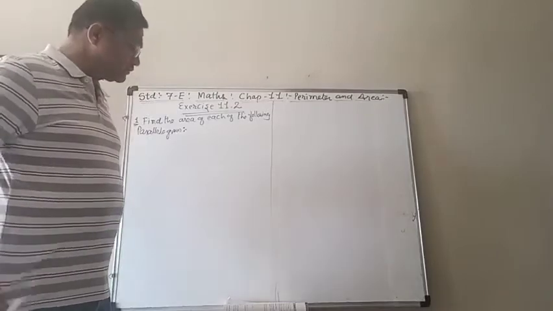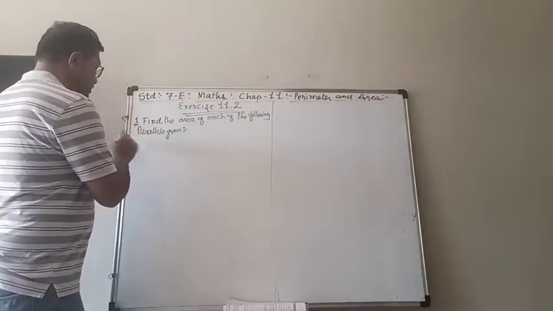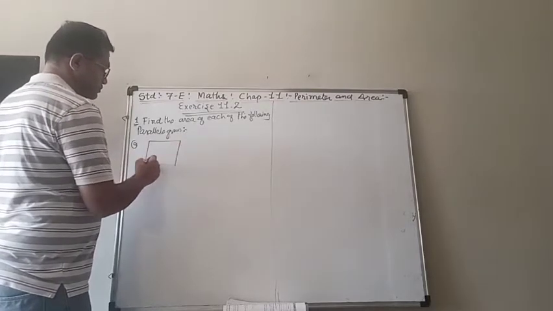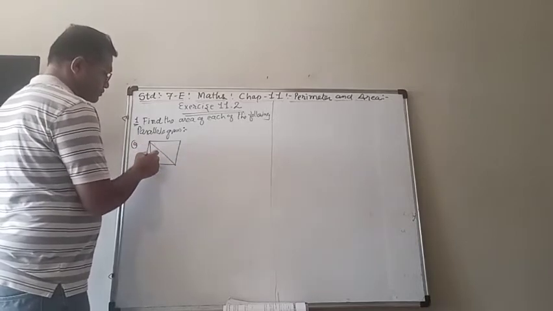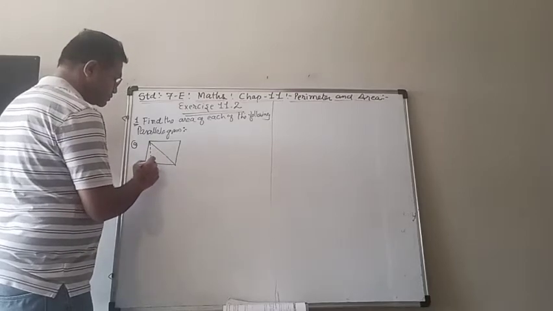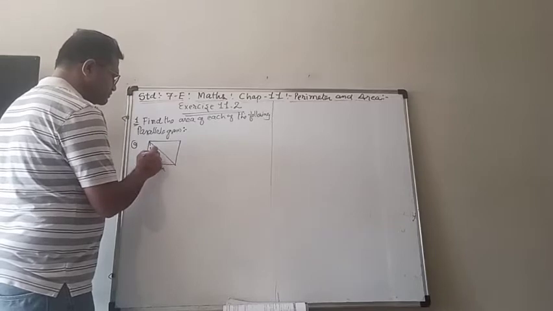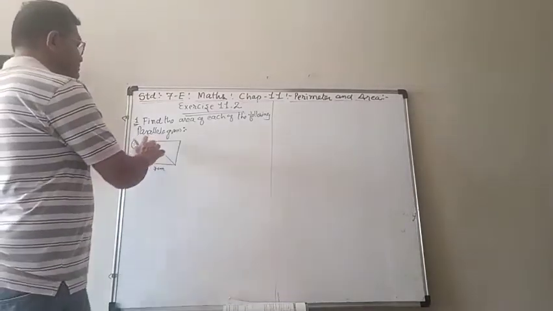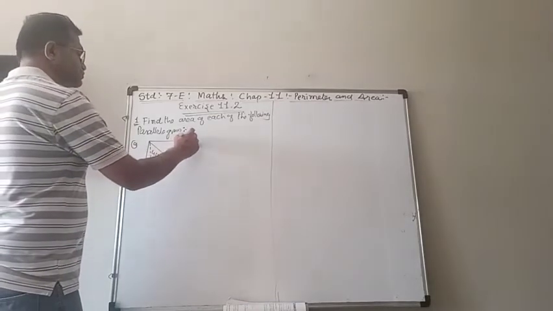From that we have to find the areas. Number A. Here 7 centimeter is given and 4 centimeter is given. We know that in a parallelogram base and height should be there.